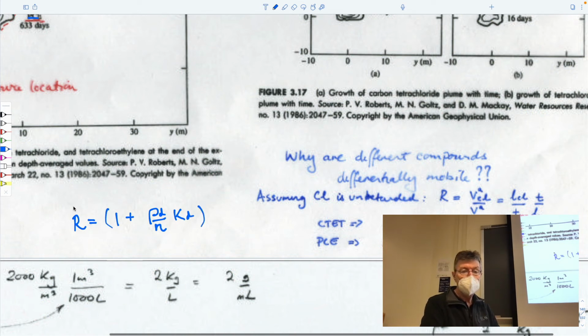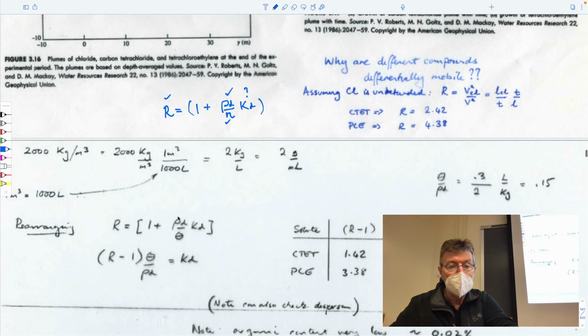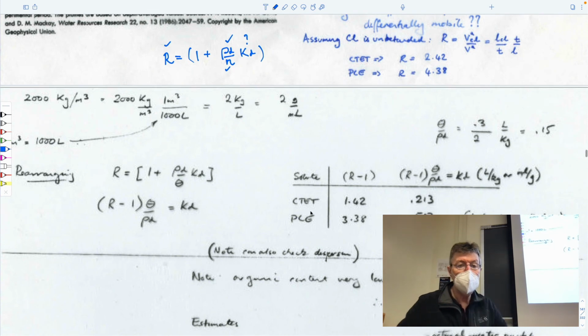I suppose if we know this, and we know the density of our aquifer and porosity, or guess it, then we could come up with a value of Kd quite readily. And so the next page is just doing that. It's rearranging this term here in terms of Kd, calculating from retardation coefficients, which we have here and here.